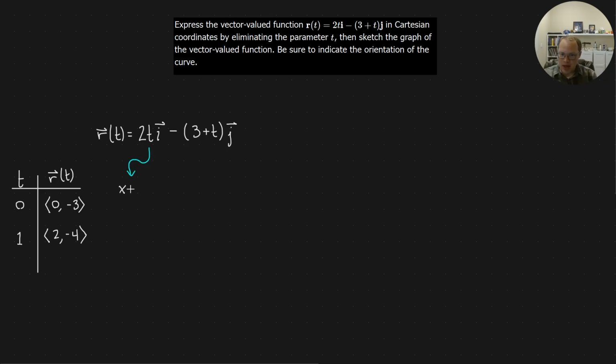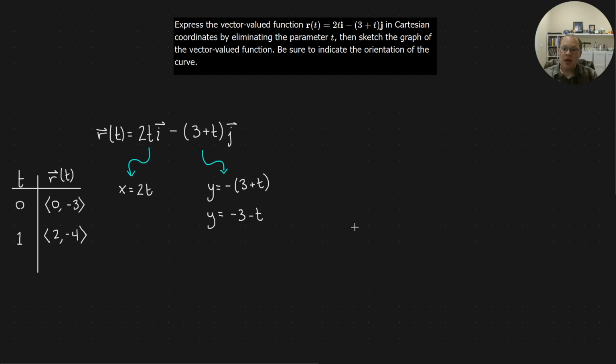So x will always be 2t for any xy point that this vector valued function outputs. Similarly, the y value is -(3 plus t), or if you distribute the negative, -3 minus t.